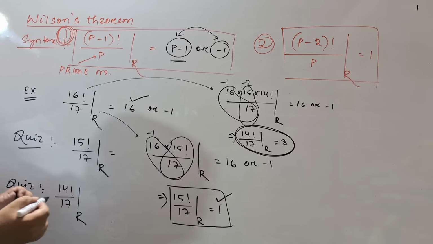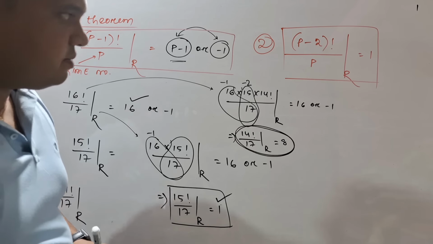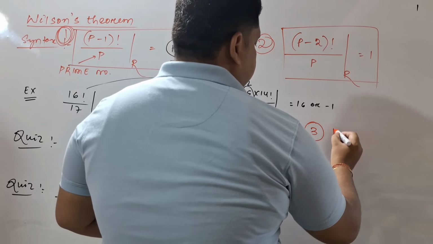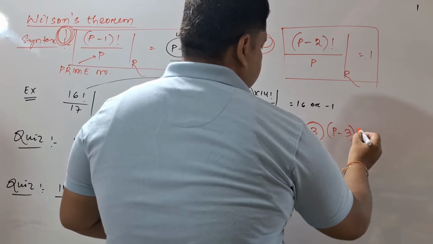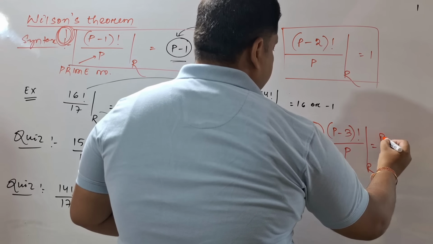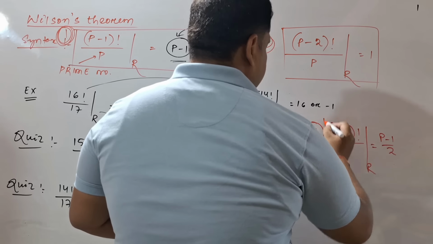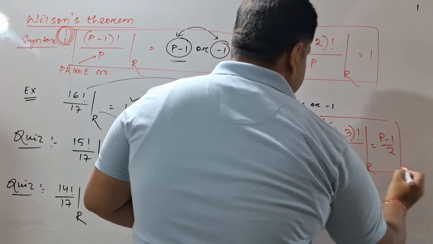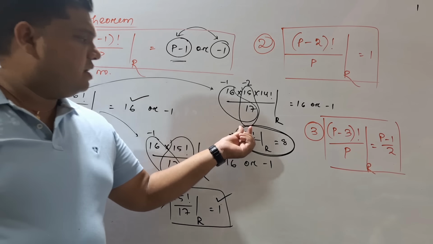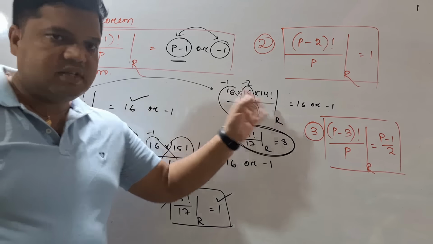So can I write another formula here? The third one under Wilson's: (p minus 3) factorial, when divided by p, has remainder (p minus 1) by 2. Under Wilson's, three formulas are there. Just remember them, or if something like 13 factorial by 17 is given, you can solve it in this way.